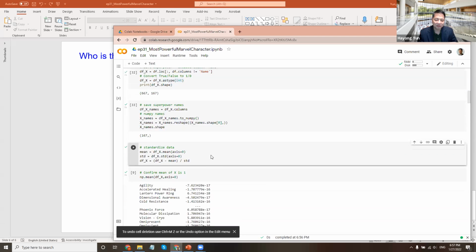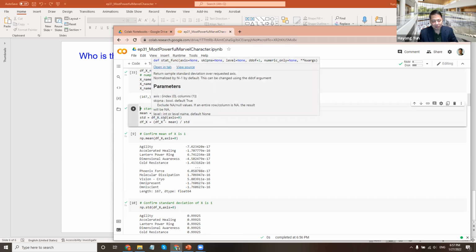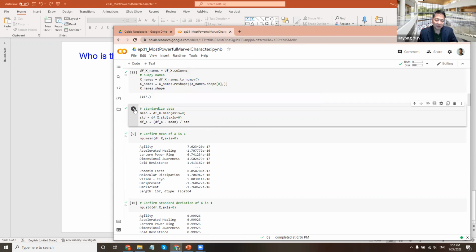All right. As I said, the correlation matrix is based on the de-meaned columns. So we need to subtract the mean and divide by the standard deviation to standardize the data. So we compute the mean and standard deviation here, and subtract the mean and divide by standard deviation.